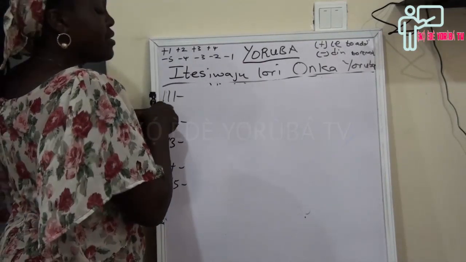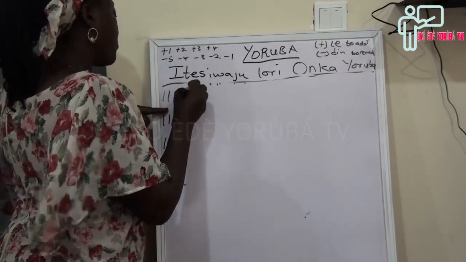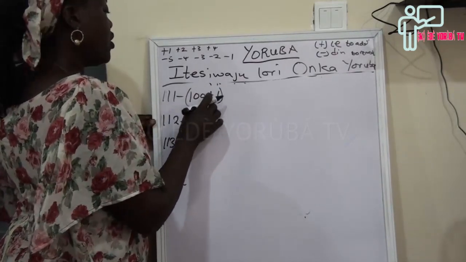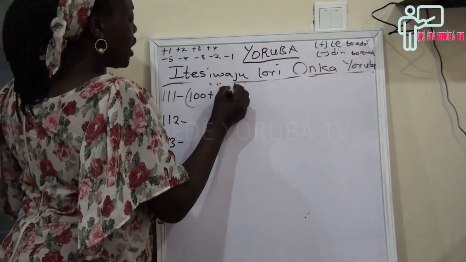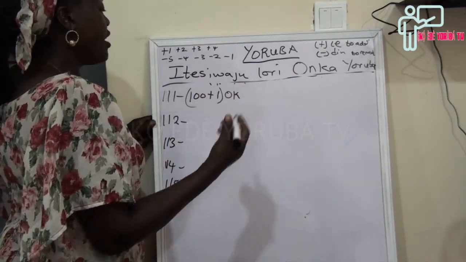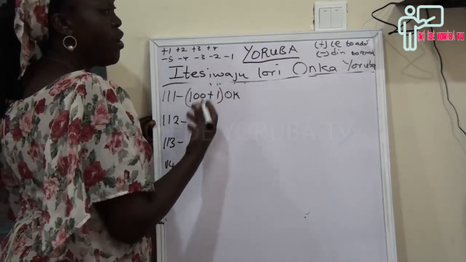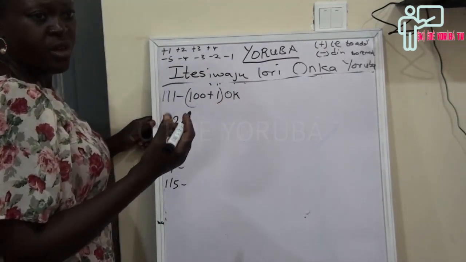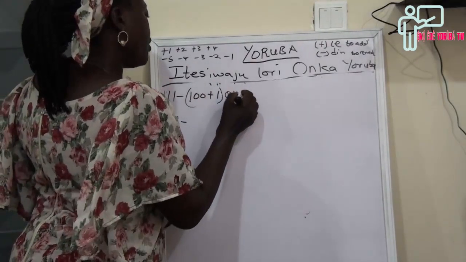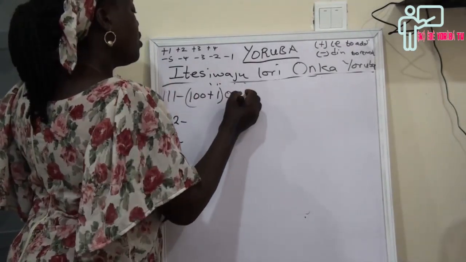So this is 100 plus 1. Ọ̀kànlélọ́gọ́rùn-ún. He said ọ̀kànlé, that is we had 1 plus 100. Ọ̀kan tàbí ọ̀kan.